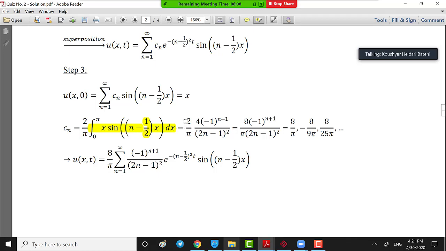Now, if you do that, after some headache, the final result becomes this. And for various values of n, you're gonna have 8 over pi for n equal to 1, minus 8 over 9 pi for n equal to 2, and 8 over 25 pi for n equal to 3, etc., etc.